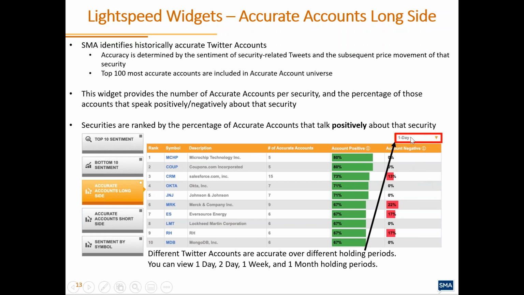This is looking at a one-day holding period, but there are a number of periods here. If you look at the bottom, there's a 1-day, 2-day, 1 week, and 1 month holding period, and you'll see these numbers change. Again, I believe this is updated daily. I'm not quite sure. I'll follow up on that. But Microchip Technology, 80% of the accurate accounts talking about that particular security are positive, there are no negatives, and the rest are neutral.